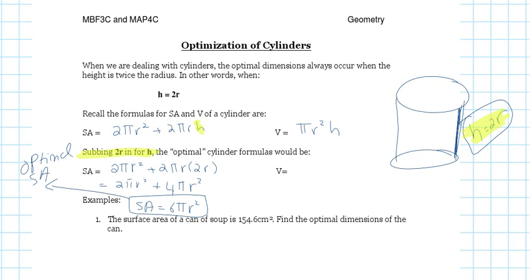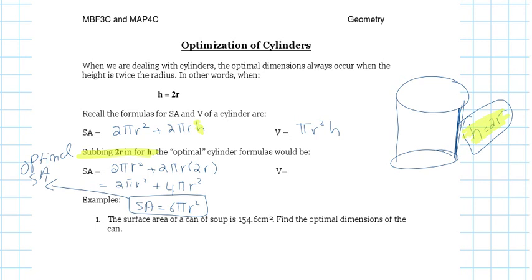We're going to do the same thing with the volume formula. So I'm going to replace the height with 2r. Okay? So pi r squared times 2r.